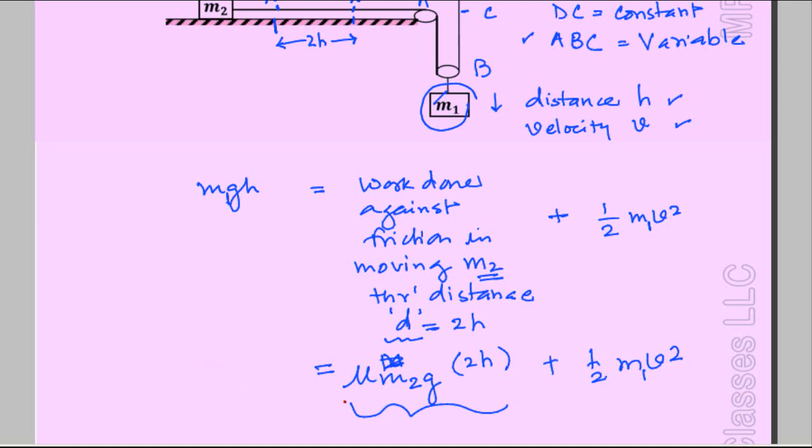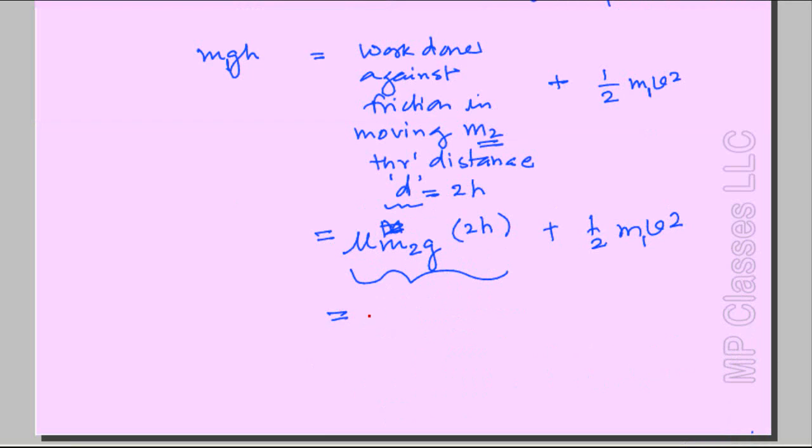So now let's solve this for mu. So this is equal to M1 gh. By transposing this term, we have 1/2 M1 v square equals 2 mu M2 gh. This implies, whenever there is an equation, the subsequent steps are always implied by that equation.